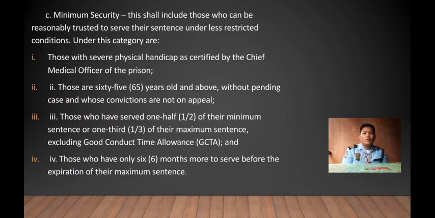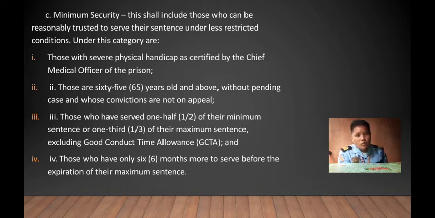So next, we have also minimum security. This shall include those who can be reasonably trusted to serve their sentence under less restricted condition. Under this category are those with severe physical handicap as certified by the chief medical officer of the prison. Next, we have those 65 years old and above without pending case and whose convictions are not on appeal.